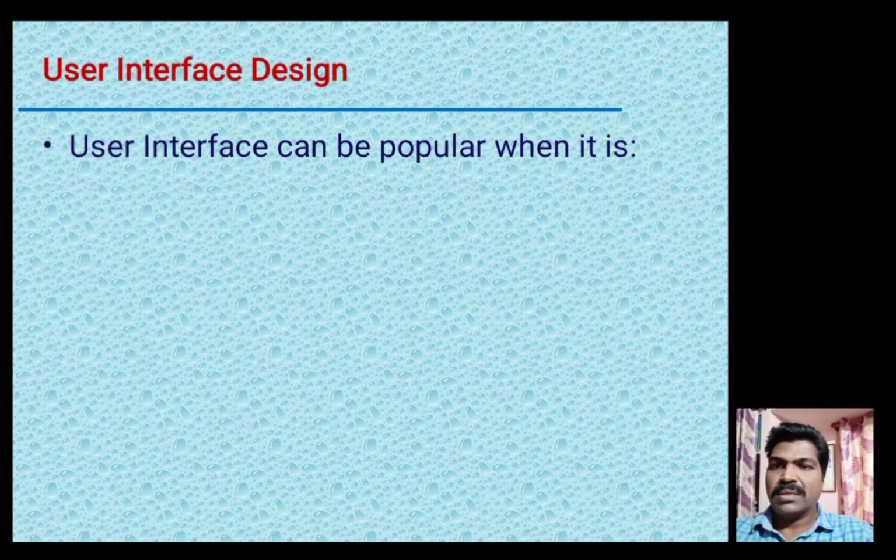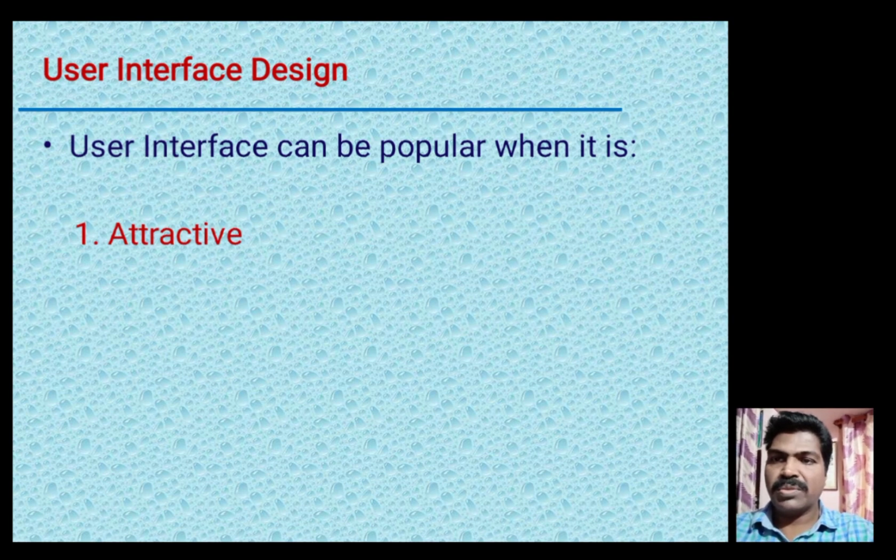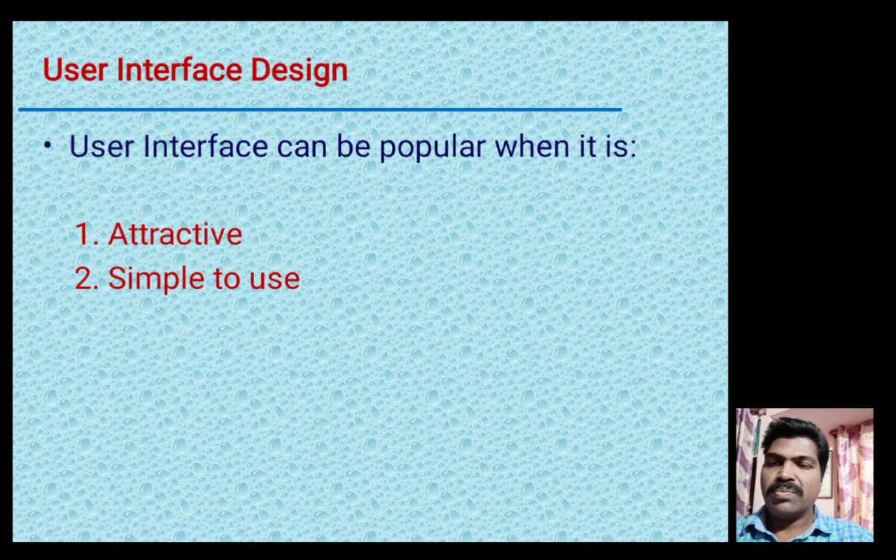Next, when will a user interface become popular? How effectively a user interface is designed determines whether it becomes popular. After designing, the user should find it very attractive and should be able to access the software, and it should be very simple to use.